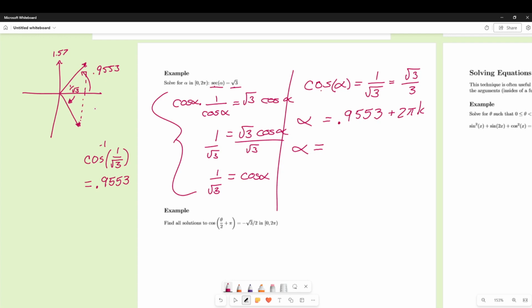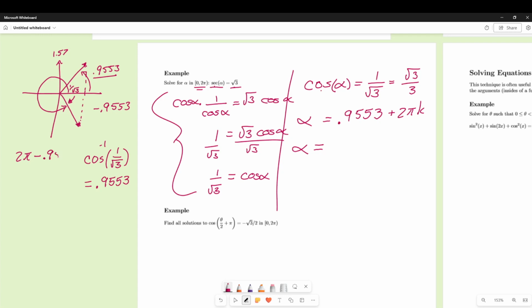So we could simply say it's negative 0.9553. That would be easy. Only works for cosine, by the way. But since we know we want solutions between 0 and 2 pi, it might be nice to just automatically ask, what's this angle? And we know that angle better be 2 pi minus this reference angle of 0.9553.